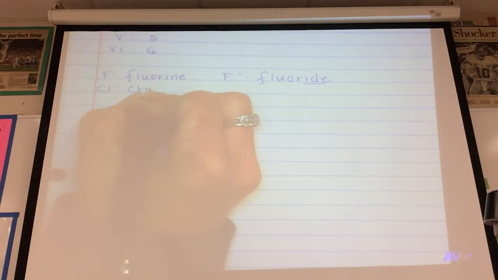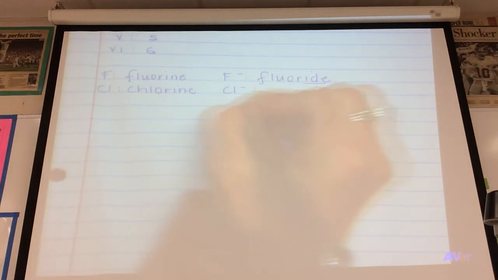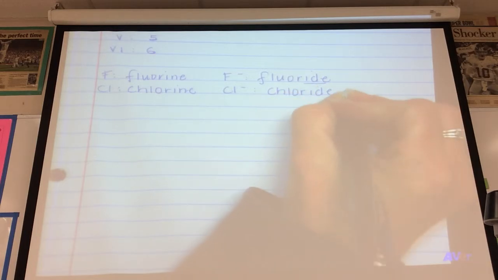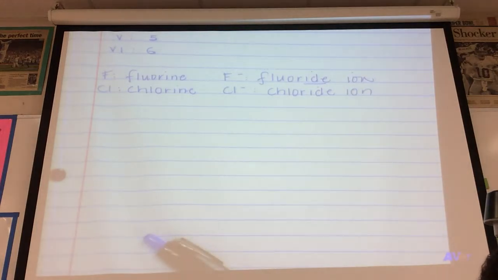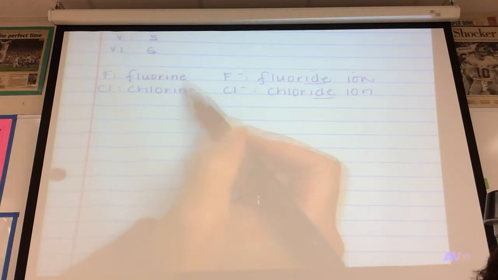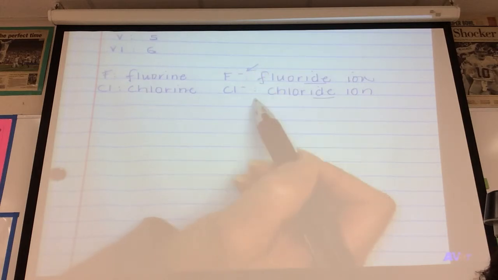Cl is chlorine. Cl minus is a chloride ion. And both of those are ions, so you'd specify as such. Ends in IDE. So for group 17, the ine just becomes IDE, and group 17 has a 1 minus charge.